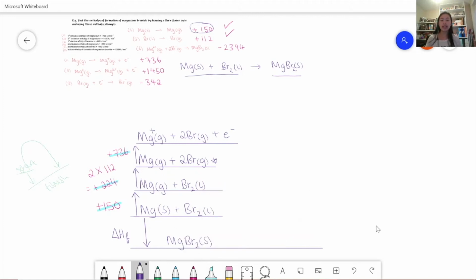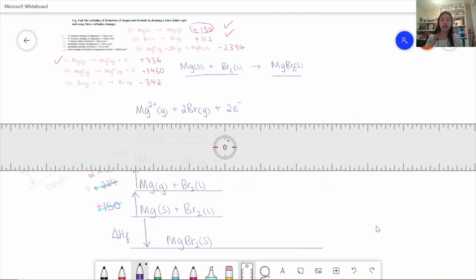The next thing I'll do is the second ionization energy of magnesium. So that will be Mg, and now it's become a 2 plus ion because we're going to take another electron off, and then the bromine doesn't change, and then we're going to have 2 electrons, and then draw another line.